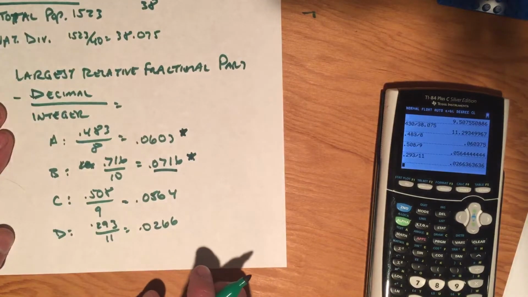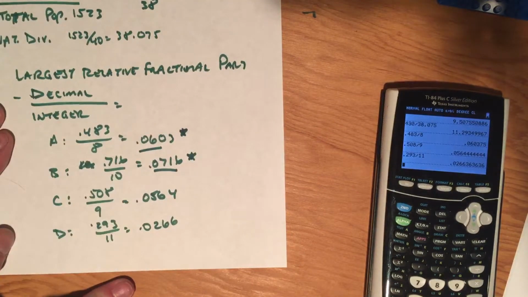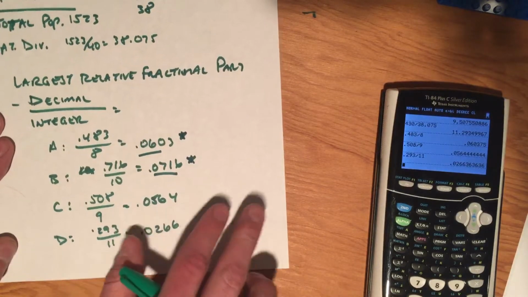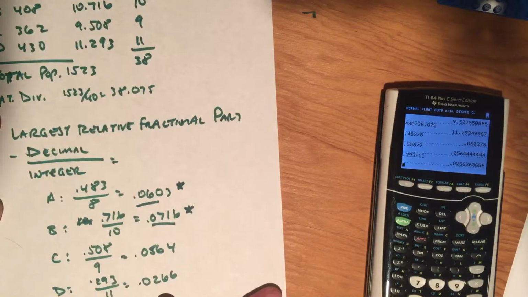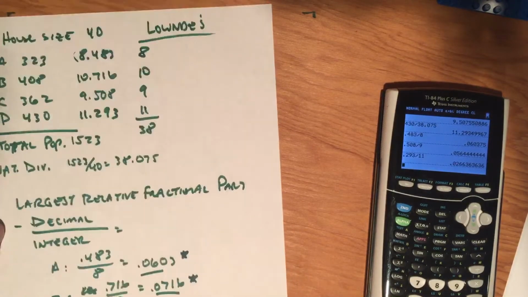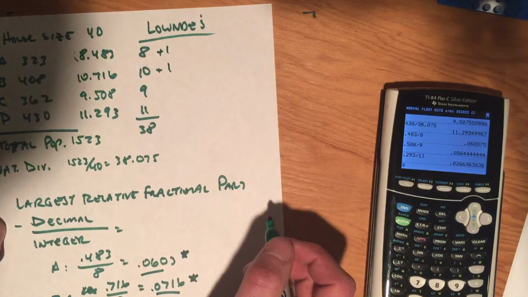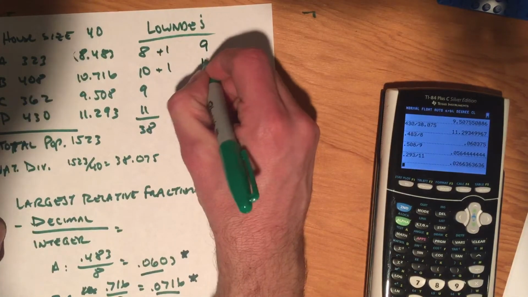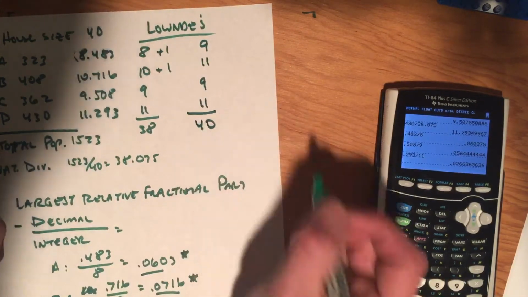State A gets an additional seat. 0.06 is the second highest out of our list. So the Lowndes method assigns the additional seats based upon the largest relative fractional part. A and B get the additional seats. So now we're up to 9, 11, 9, and 11. Look at that, there's our 40.